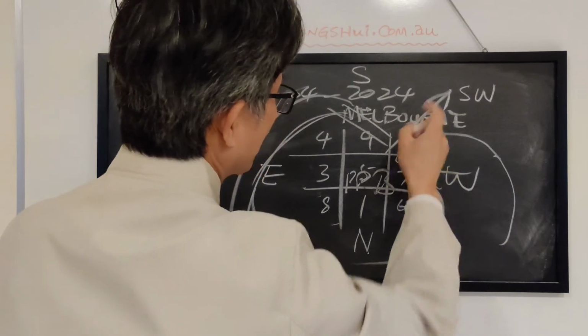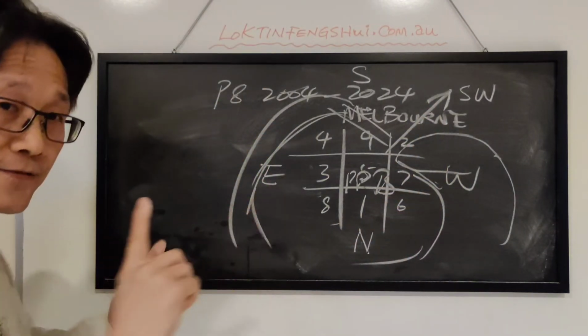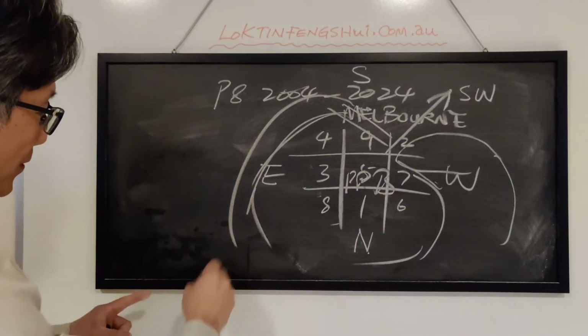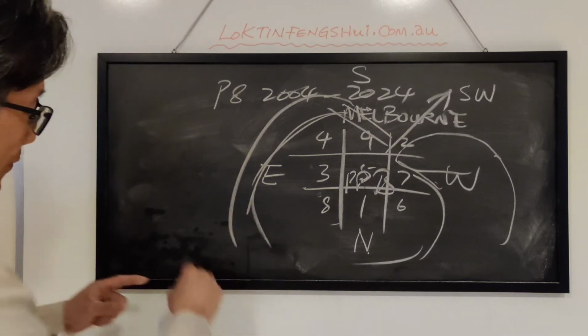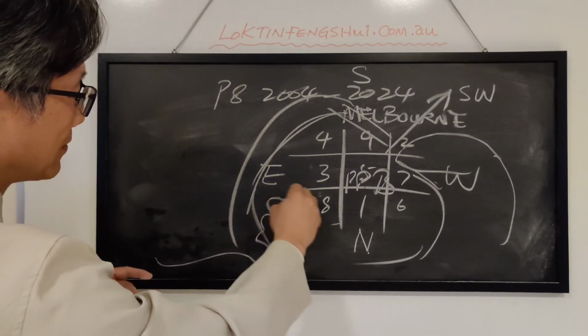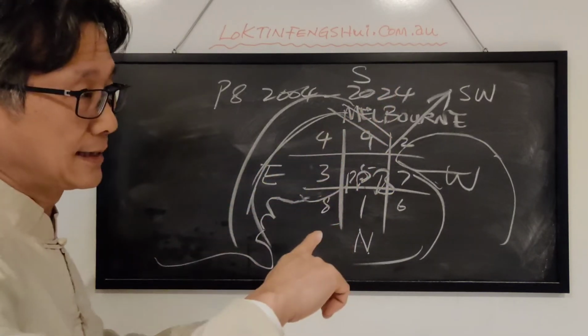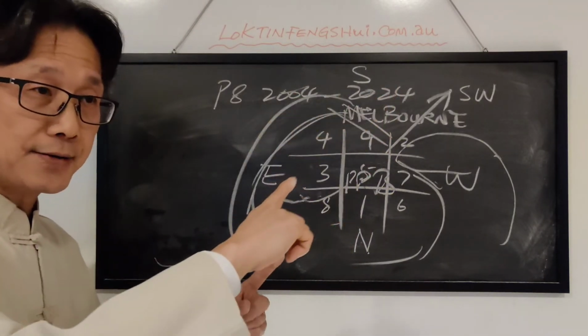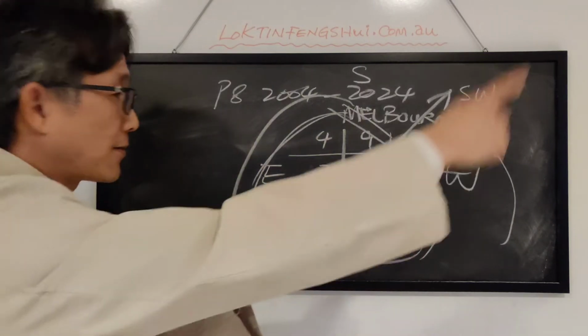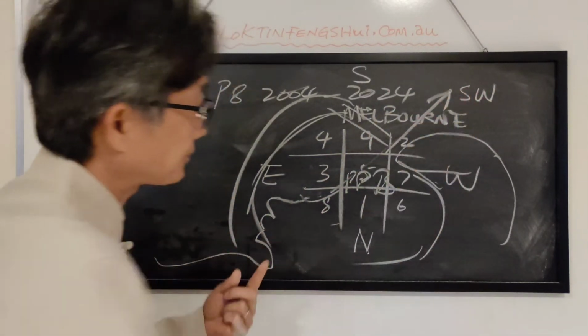Southwest is 2, right? And the river, the Yarra River, is flowing from Warrandyte, then flows to Hawthorn, Camberwell, Toorak, South Yarra, and goes out to the sea like that.